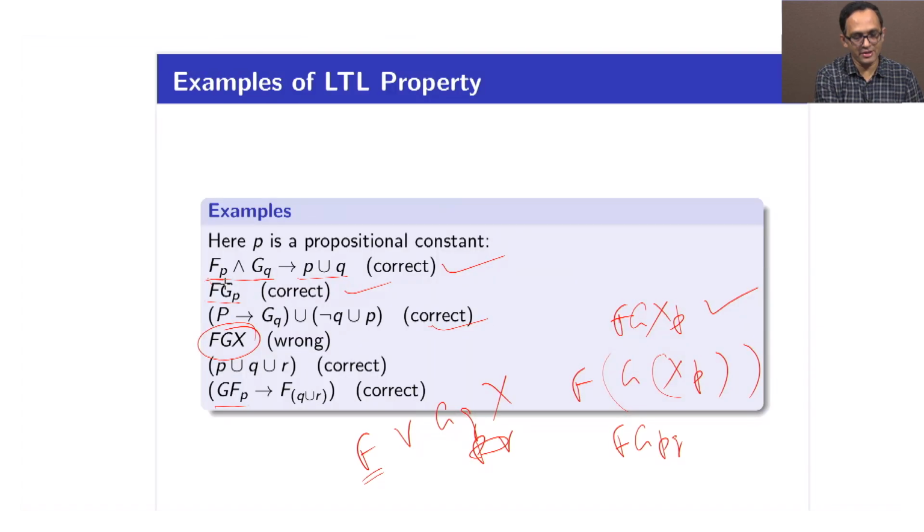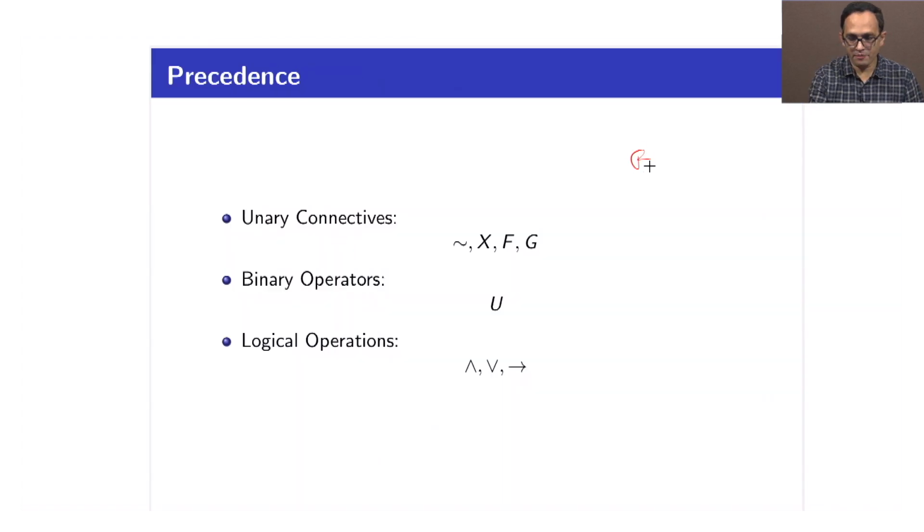So, for example, I am writing here FP and GQ implies P until Q. So, now what is the meaning of this? Because you may think that this binds tightly, this binds tightly, right. So, if I take this example here, say FP and GQ implies P until Q, right. So, you have this formula. Now, you do not give any parenthesis.